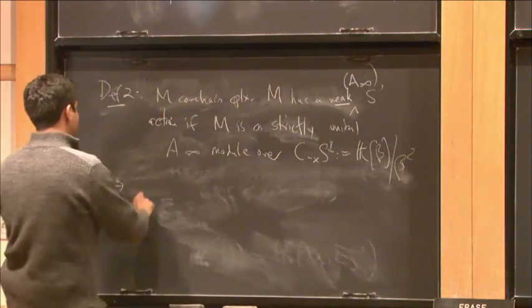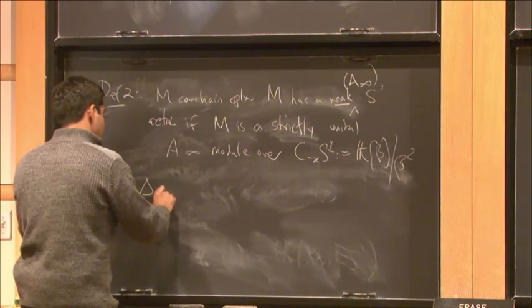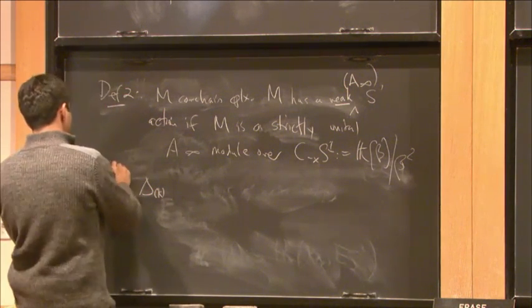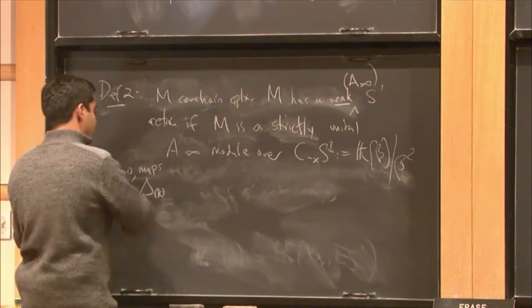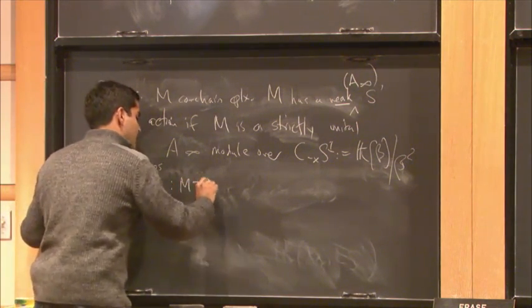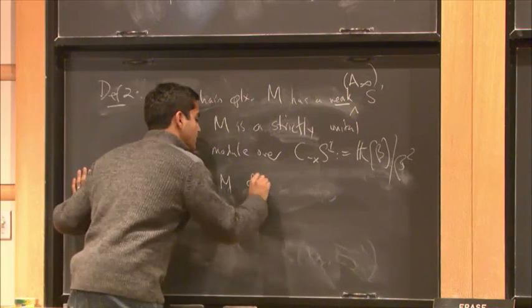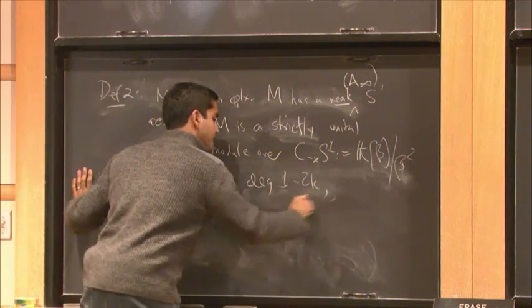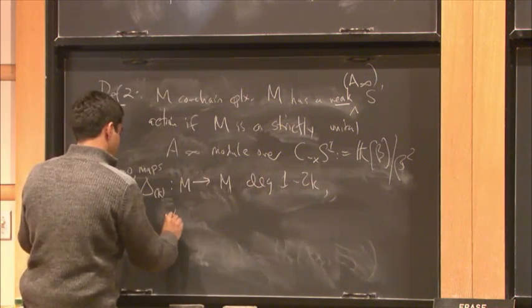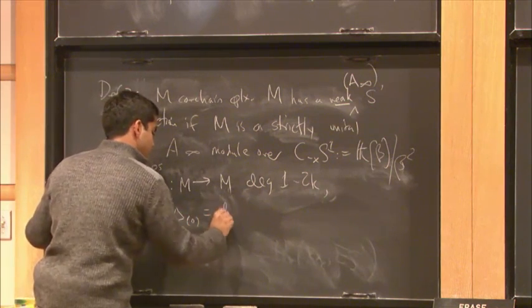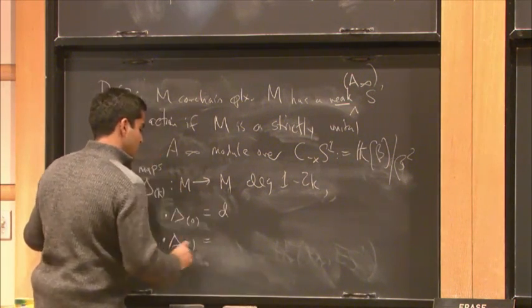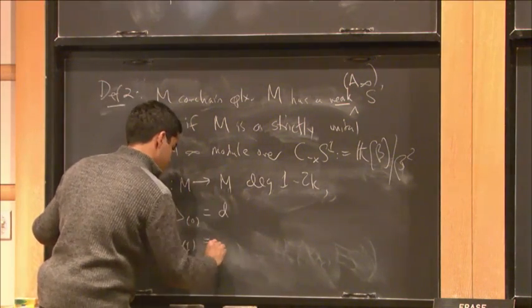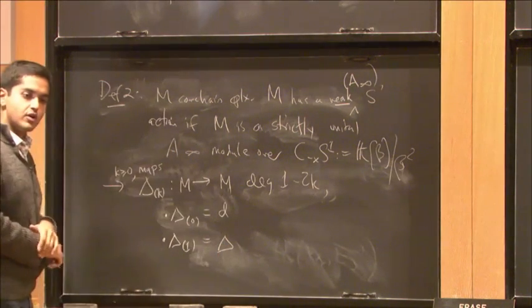This just really means we have a map delta lower k for each k greater than or equal to 0. It's a map from M to M of degree 1 minus 2k, with delta naught just being the differential, delta 1 being the delta map we defined before.